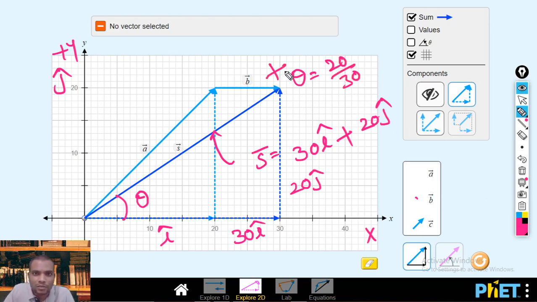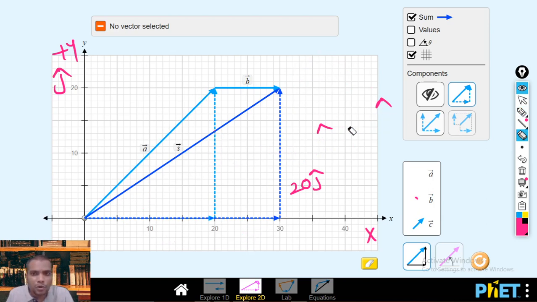This is supposed to be tan theta. Tan theta equal to 20 upon 30. Then we can get the direction of the resultant vector. So this is how in two dimensions we represent the vector's resolution into its corresponding components, horizontal component and vertical component.